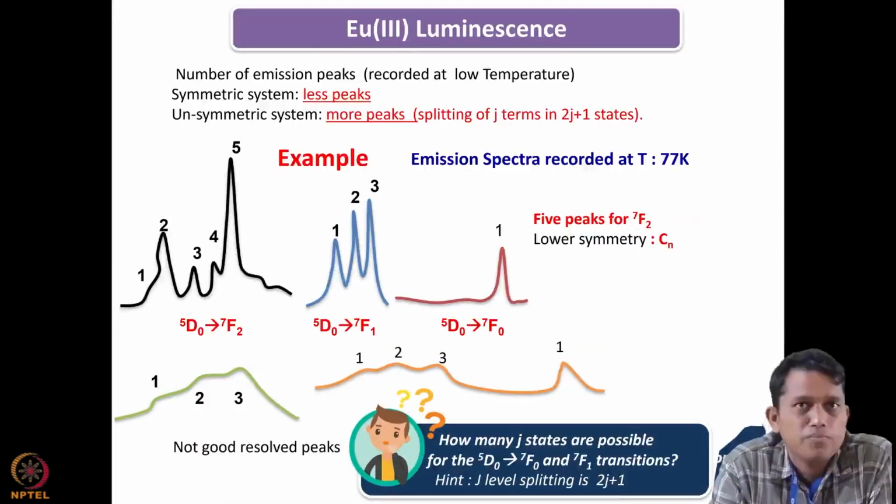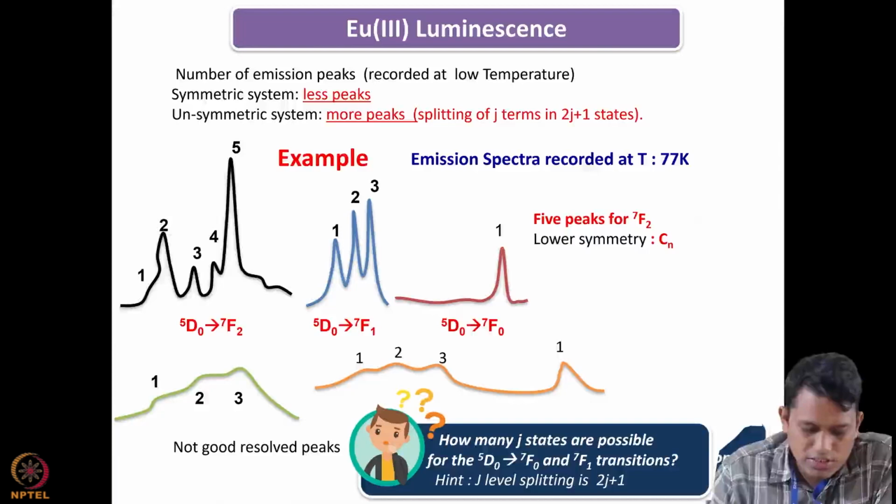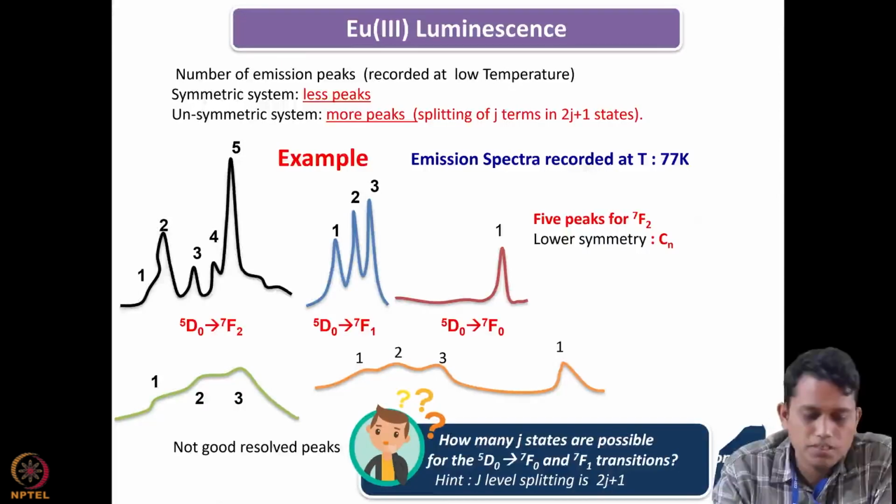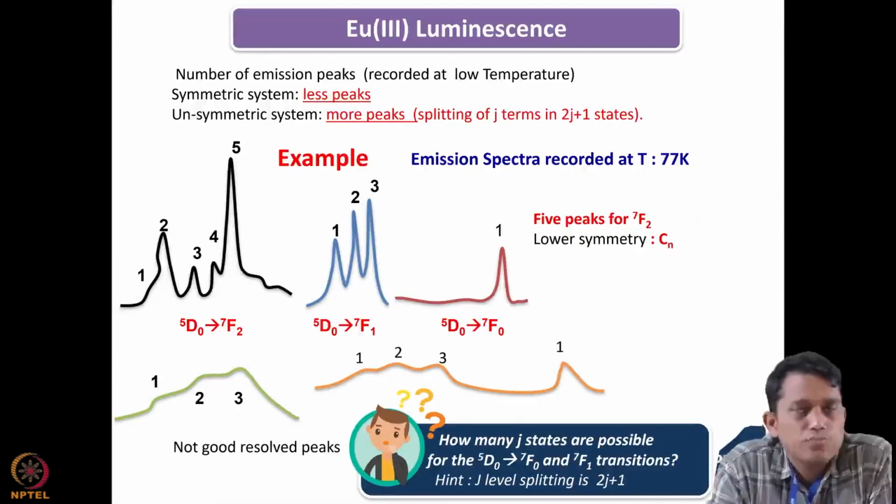So we are getting 5 peaks here, and 7F1 has a maximum JJ splitting of 3. You are getting 3 peaks. Like that, if you are doing studies at a very low temperature, you can get these fine splittings, and from the number of fine splittings of different J levels, you can get information about the symmetry class of europium, that is, what the symmetry around the europium is in these particular complexes.